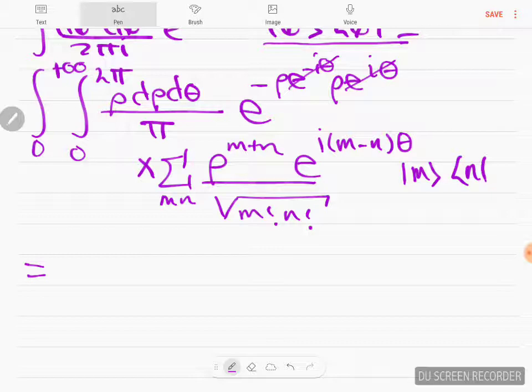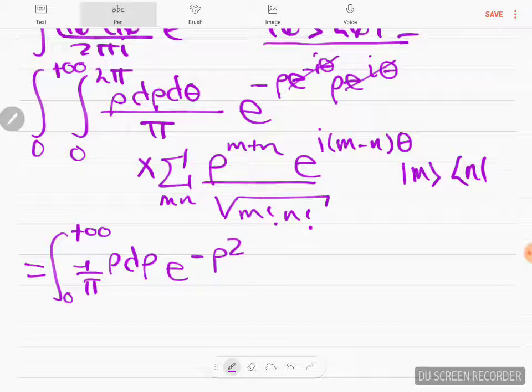So then what we have is the integral from 0 to plus infinity, 1 over pi, rho d rho. We have rho d rho here. We have e to the minus rho squared, because it only remains this rho times this rho.